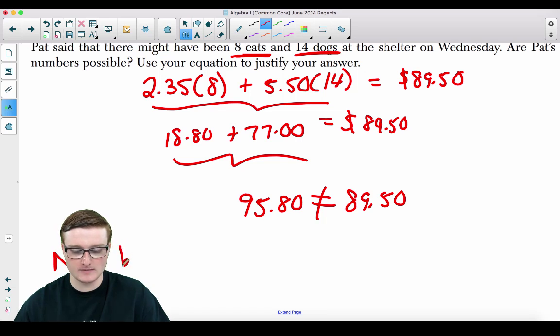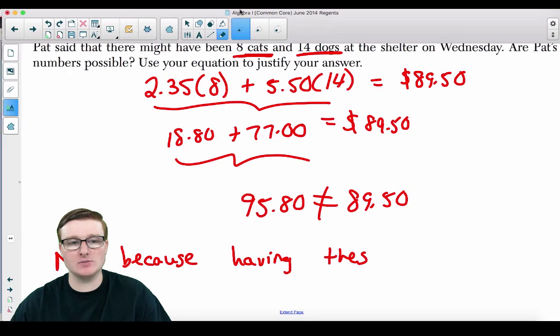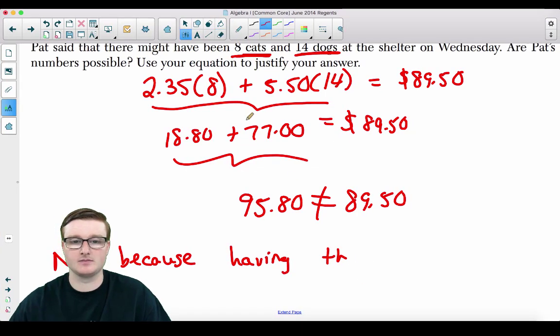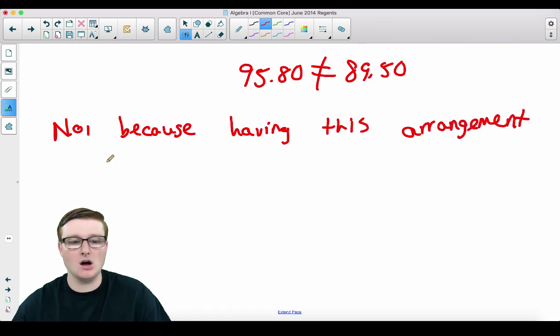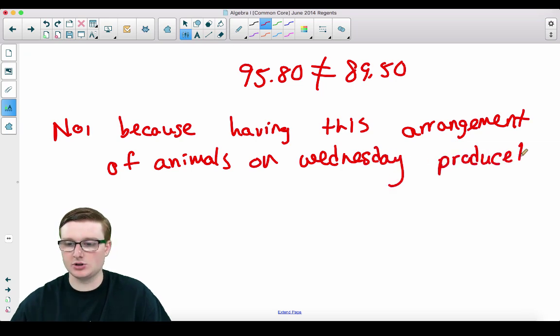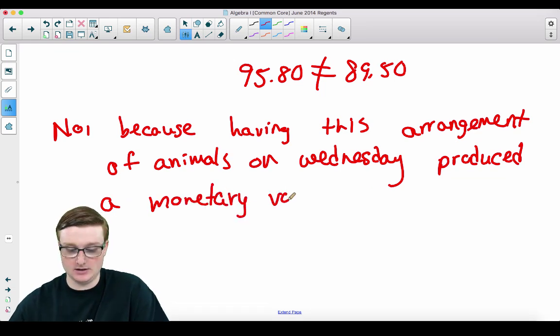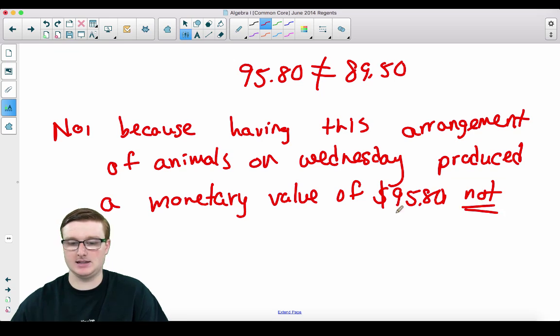We are going to say no, because having this arrangement of animals on Wednesday produced a monetary amount, meaning that it costs money, a monetary value of $95.80, not $89.50.